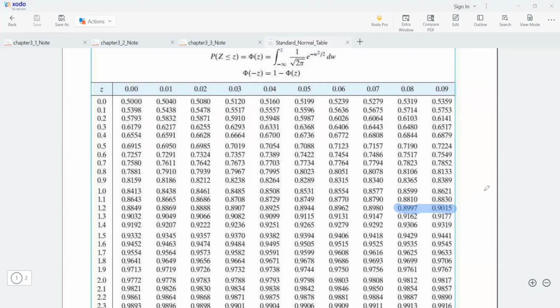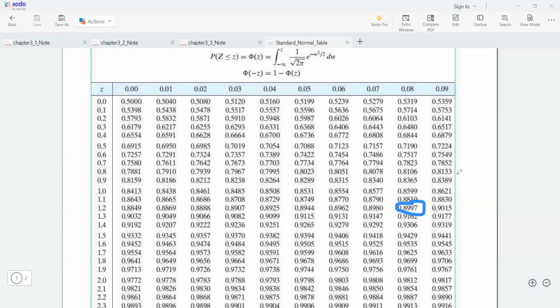If we cannot find the exact probability inside our table, we just find the closest one. Of these two, 0.8997 is closer, so that's why I use this value. This is what I look for. Let me use a circle to cover it: 0.8997.